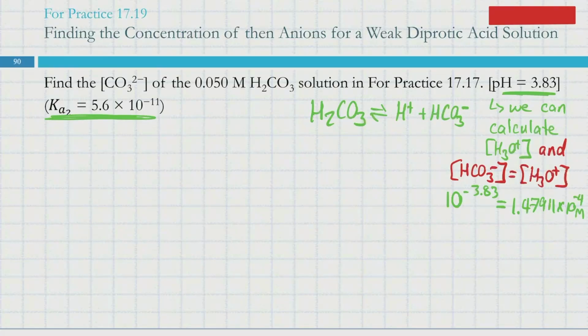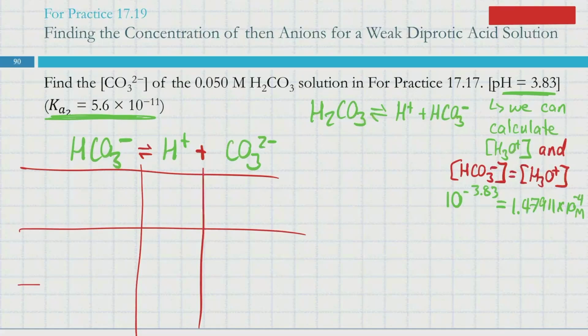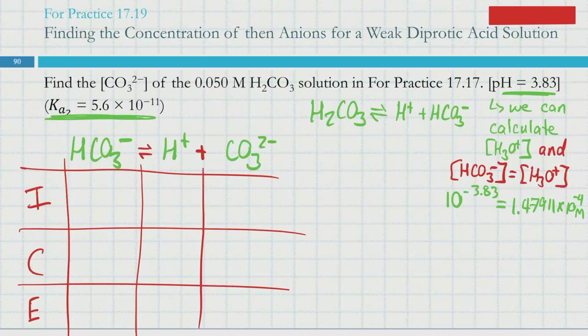And now we get to do our ice table. So we've got HCO3 minus, we've got H plus, and we've got carbonate, the thing we care about in this case. Okay, so our ice table, we're starting with concentrations of this 1.47911 times 10 to the minus 4 for our HCO3 minus and our H plus.